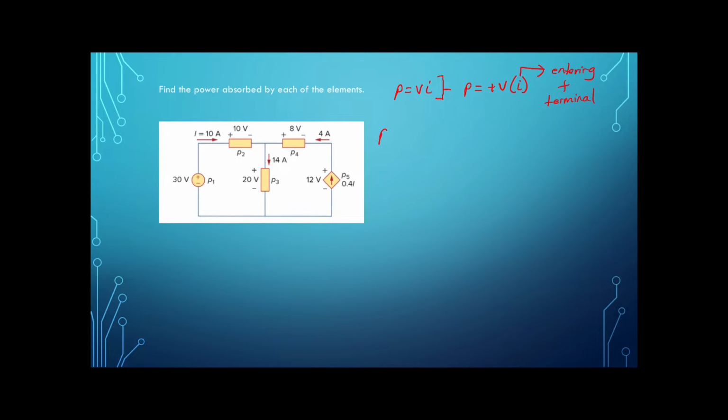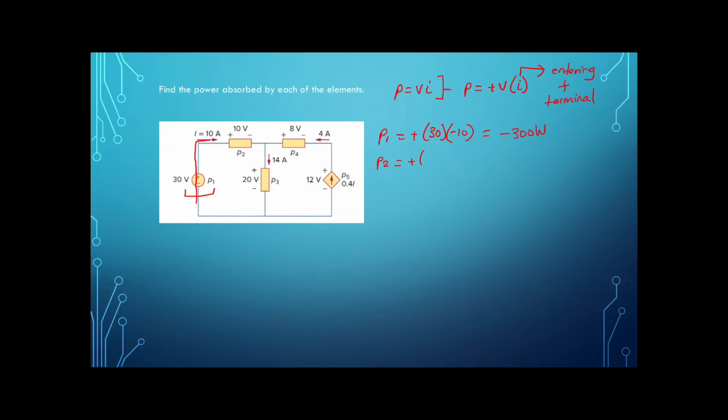So if we start with P1, which is the power of circuit element 1, it's equal to positive, and then the voltage is 30 volts times the current entering the positive terminal. If you see here, we have a plus 10 amps leaving the positive, which is the same as negative 10 amps entering the positive. So we multiply by negative 10, and that gives us negative 300 watts.